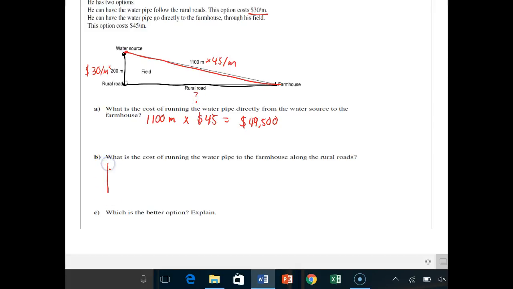So if I drew this triangle, and I said you had 1,100 here and 200 here, and here's your right angle. Notice I have my hypotenuse. So when I have my hypotenuse, I want to use c squared minus a squared equals b squared. So 1,100 squared minus 200 squared equals b squared. Gives us pretty big numbers.